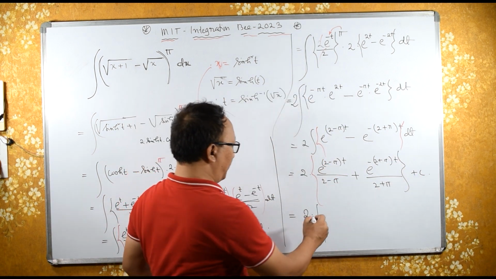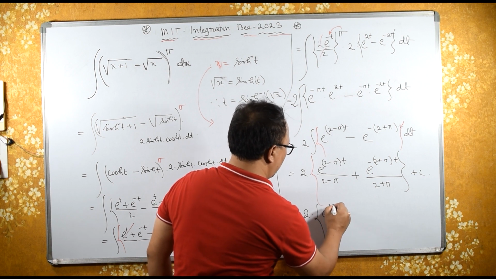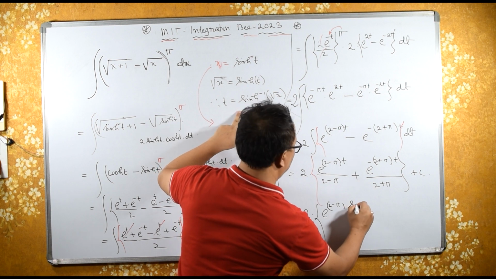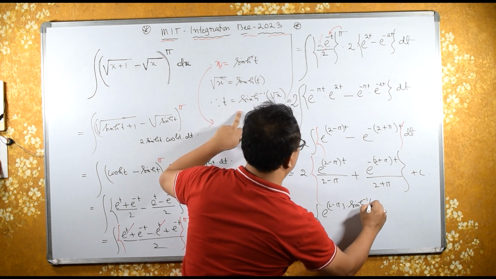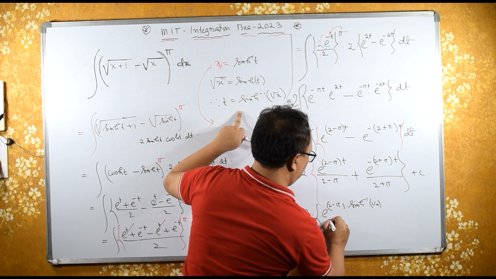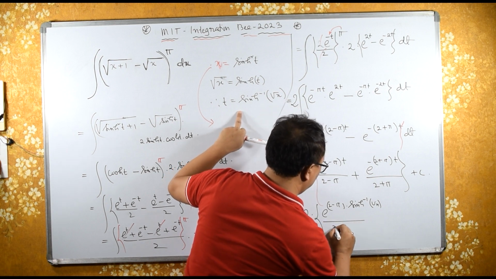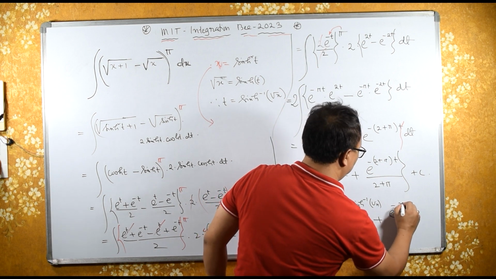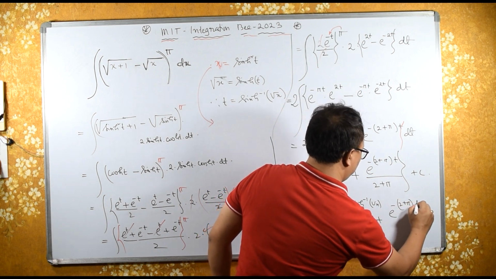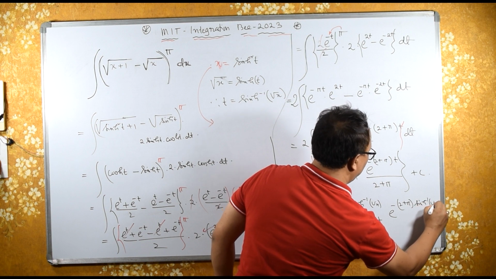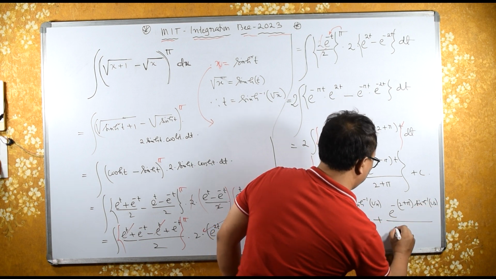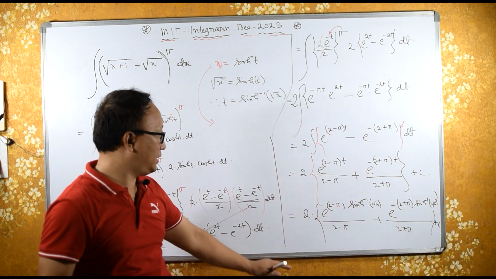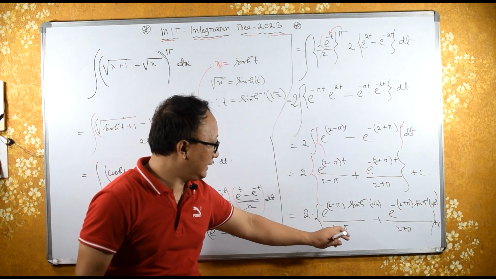Substitute this. e raised to (2 minus pi) t means e raised to (2 minus pi) sinh inverse root x, upon 2 minus pi, plus e raised to minus (2 plus pi) sinh inverse root x upon 2 plus pi, plus some constant c. This is recurrent, so you can take this common.